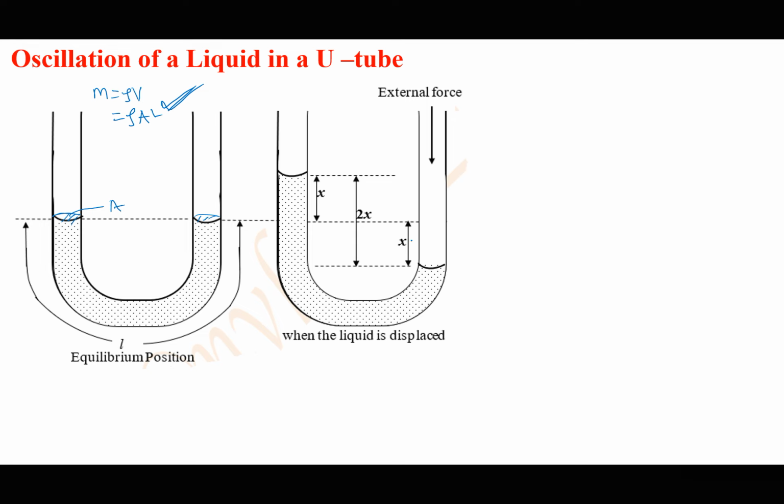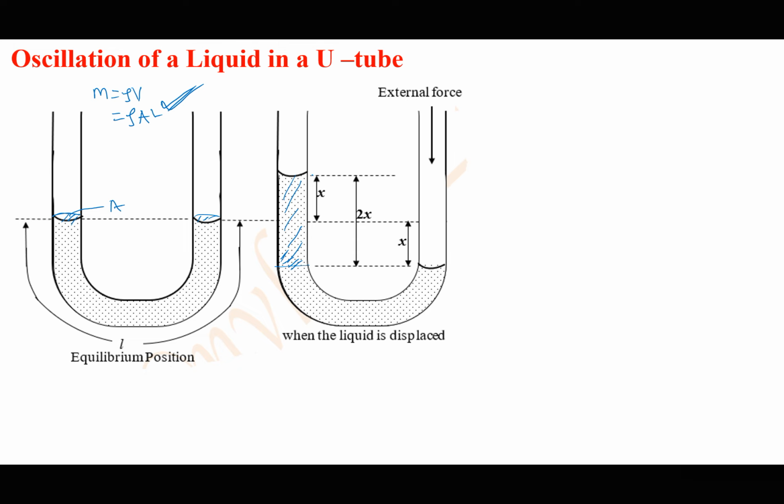So it has moved a distance x above the equilibrium position on one side, and a distance x below the equilibrium position on the other side. So the total height difference between the two menisci is twice x.